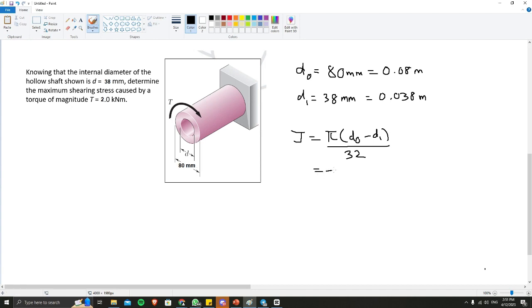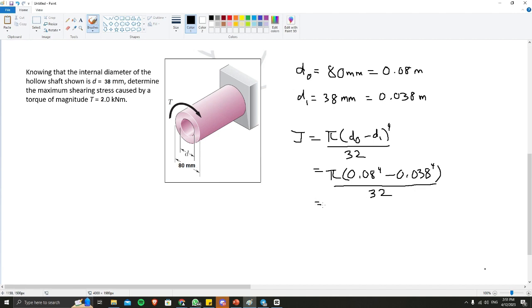So following this formula, we can simply put it as shown: 0.08 to the power of 4 and 0.038 to the power of 4 as well, and then divided by 32.